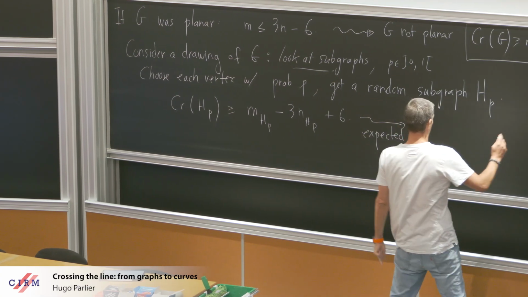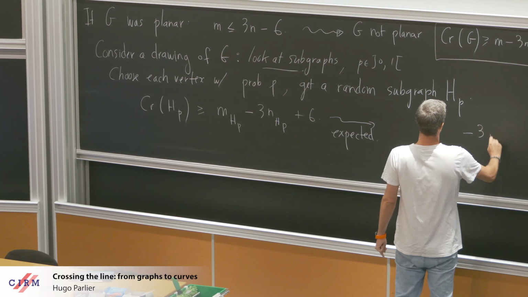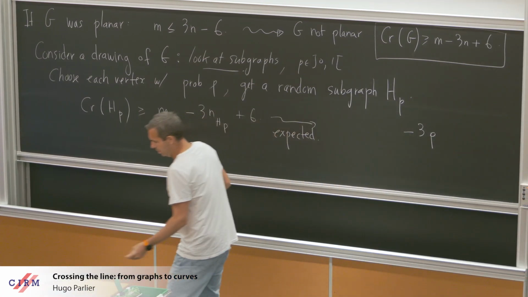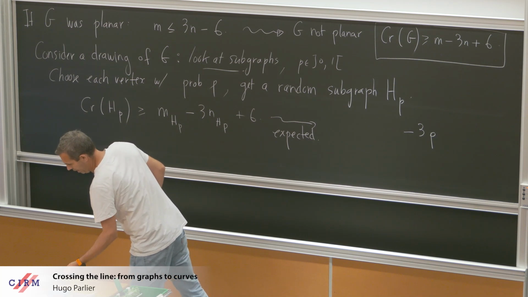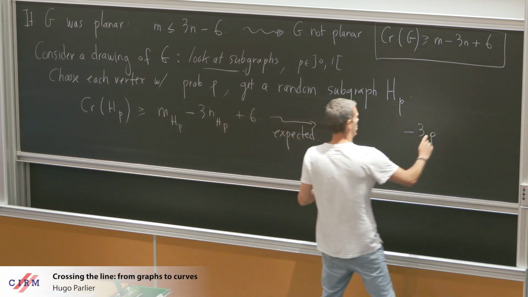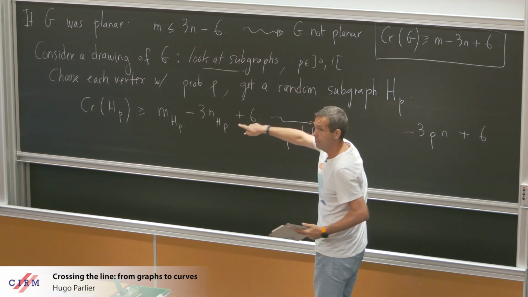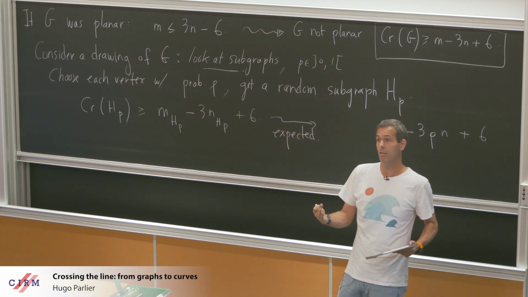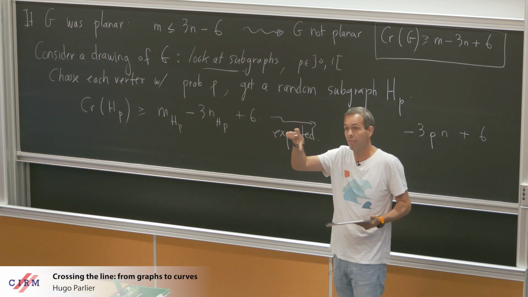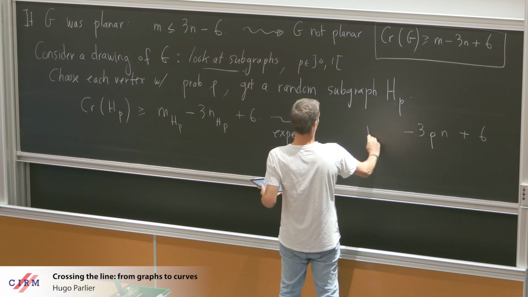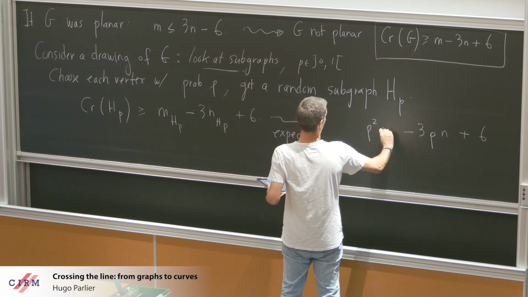So this becomes minus 3 times p times the original number of vertices we had, which was n. Let me just make sure I get this right. The plus 6 doesn't change. The number of edges is p squared. If I had an edge, then there's a chance that I have that edge with p squared. So this becomes p squared times m.